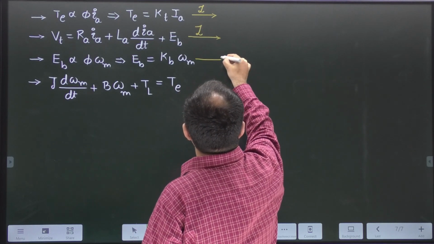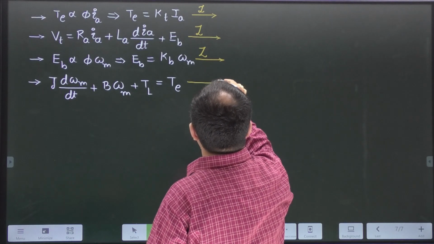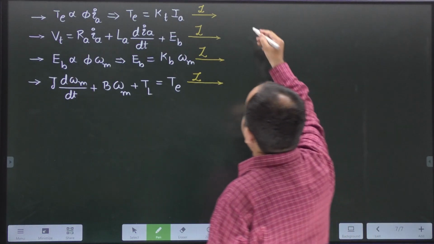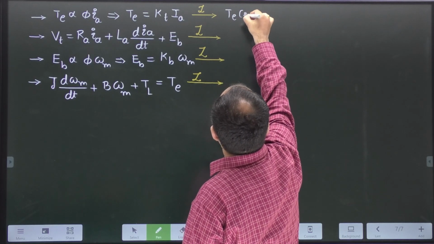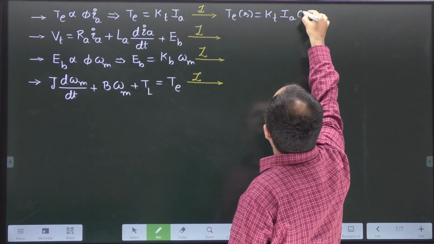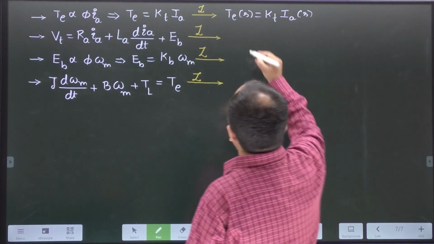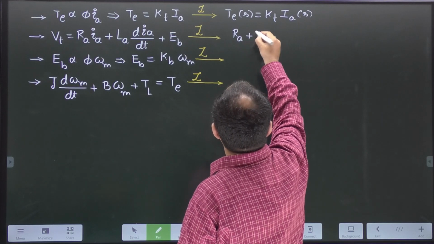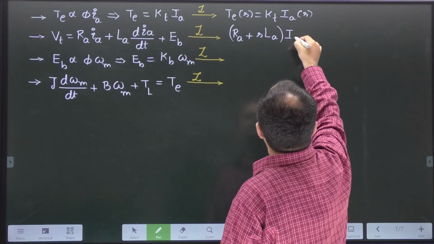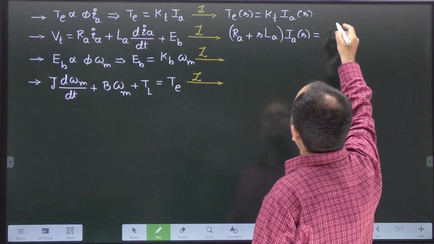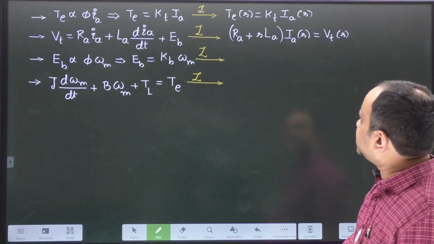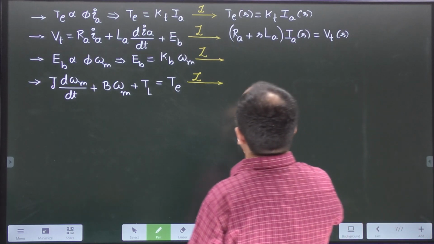So you can write TE of S is equal to KT multiplied with IA of S. After that, RA plus SLA multiplied with IA of S is equal to Vt of S.